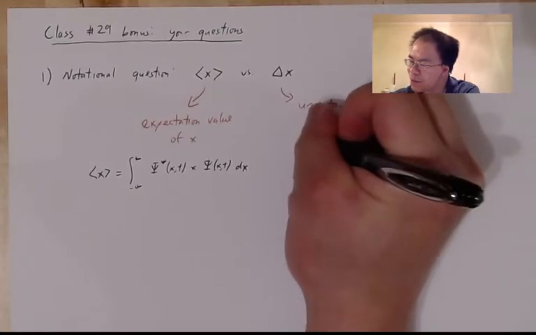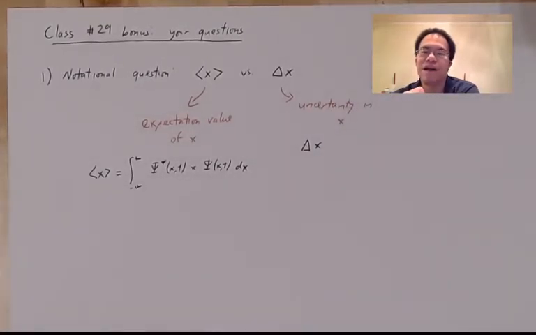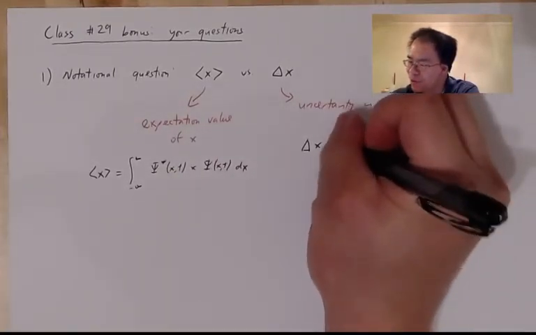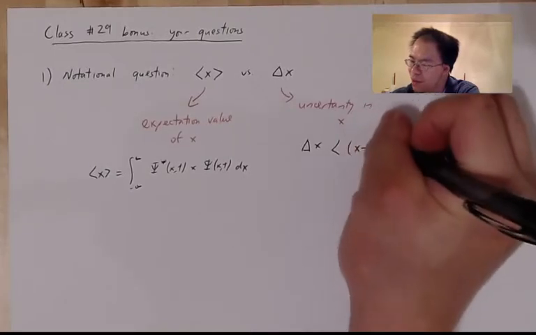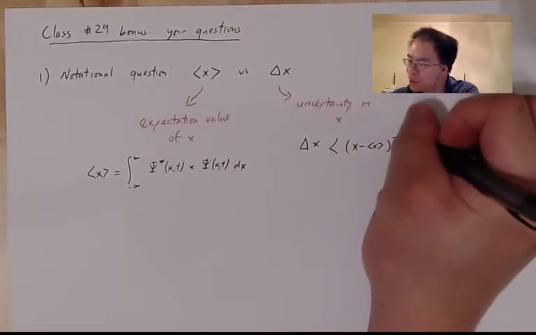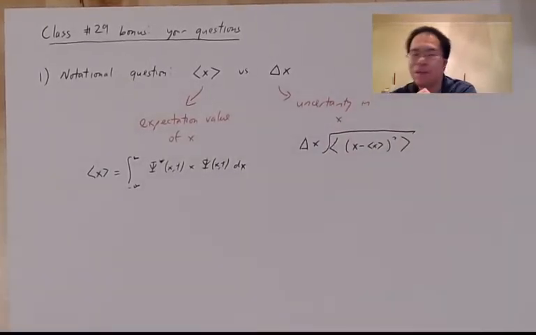I can think of this as the average of the deviation from the mean value, so sort of the average of x minus the expectation value of x, quantity squared. Actually, I need to square root that.